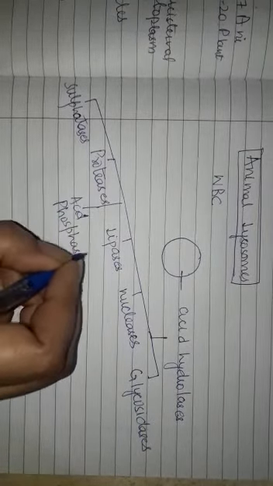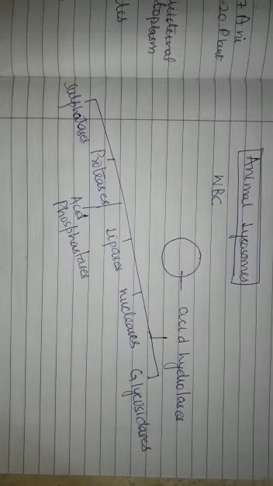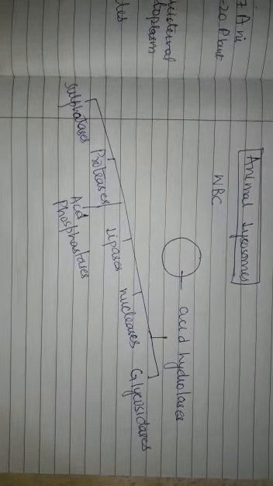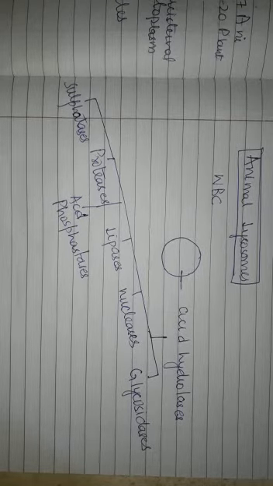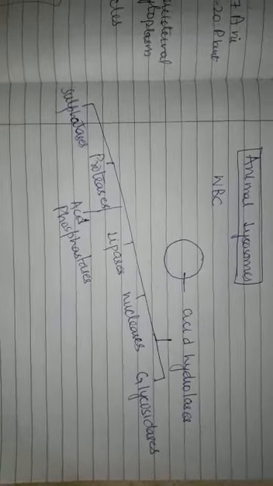A variety of enzymes are found inside the lysosomes. However, all the enzymes are not present in the same lysosomes. There are different sets of enzymes which are found in different lysosomes.